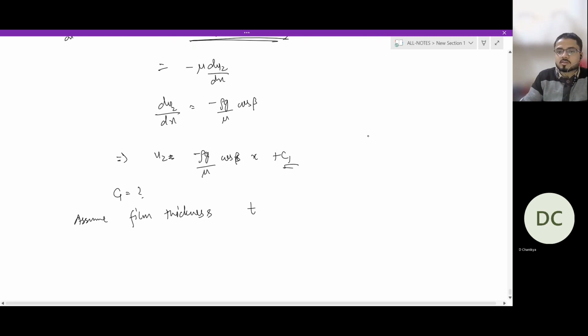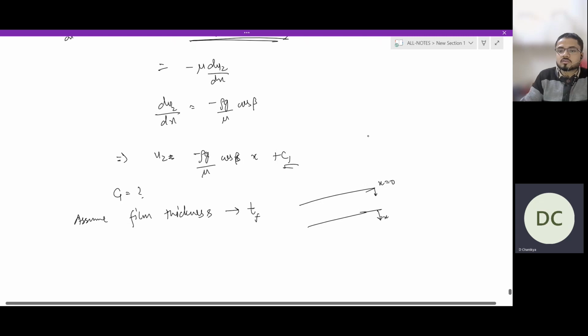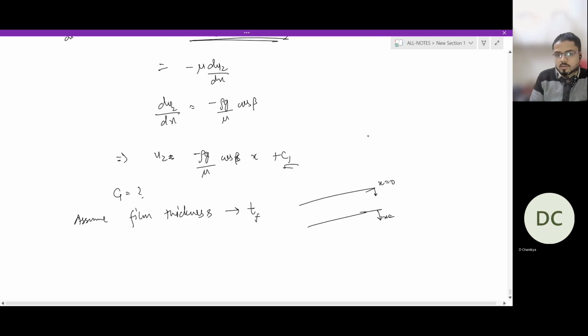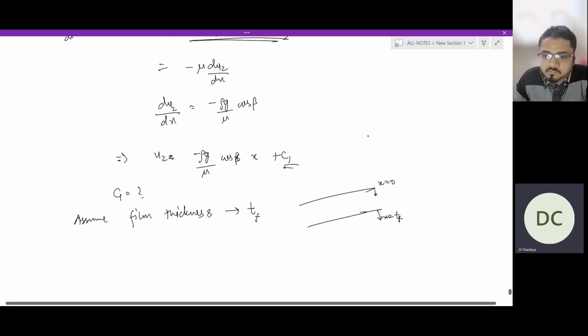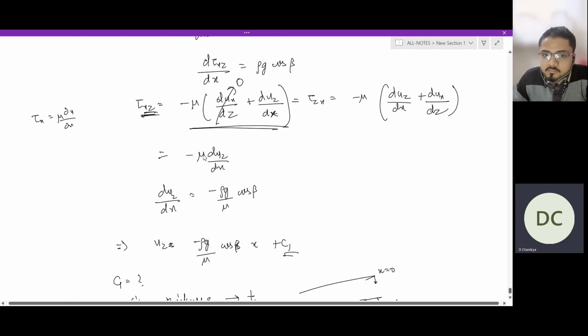So this film is extending from x equals 0 to x equals TF, okay? Any questions, any doubts? Before evaluating tau, what was that, sir? Before evaluating, I mean d tau xz by dx equal to rho g cos beta.